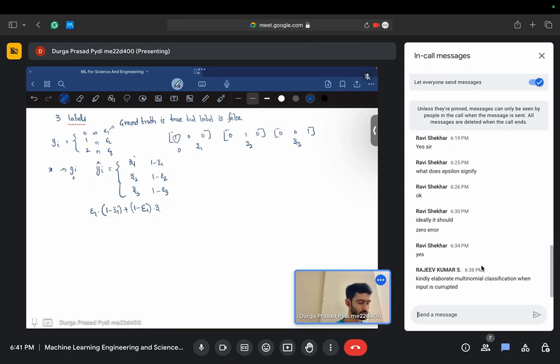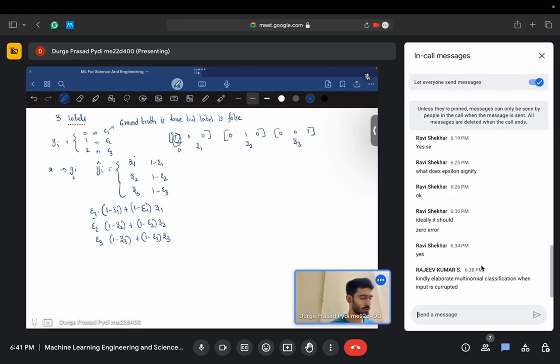Similarly for the other two cases, you have epsilon 2 and epsilon 3. So now if your z1 was previously 1, now with a probability of epsilon 1 it will change to 0, and otherwise it will remain 1. So this will be your new function that you have to use instead of y hat.